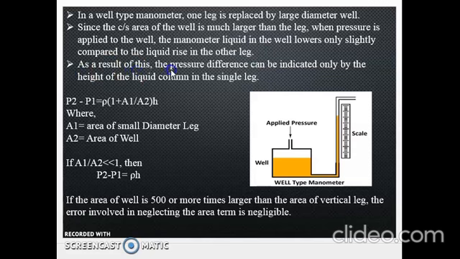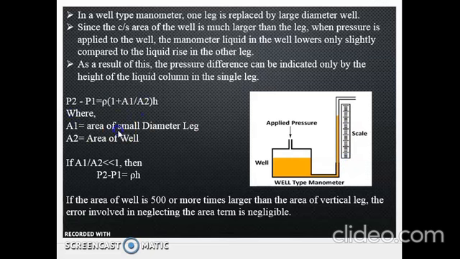As a result, the pressure difference can be indicated only by the height of the liquid column in a single leg. As shown in the figure, the yellow is the manometric liquid, and this is the point where we can apply pressure, and due to this pressure, the manometric liquid rises in the single manometric leg, and we can measure on a scale where we initially mark the zero reference line.